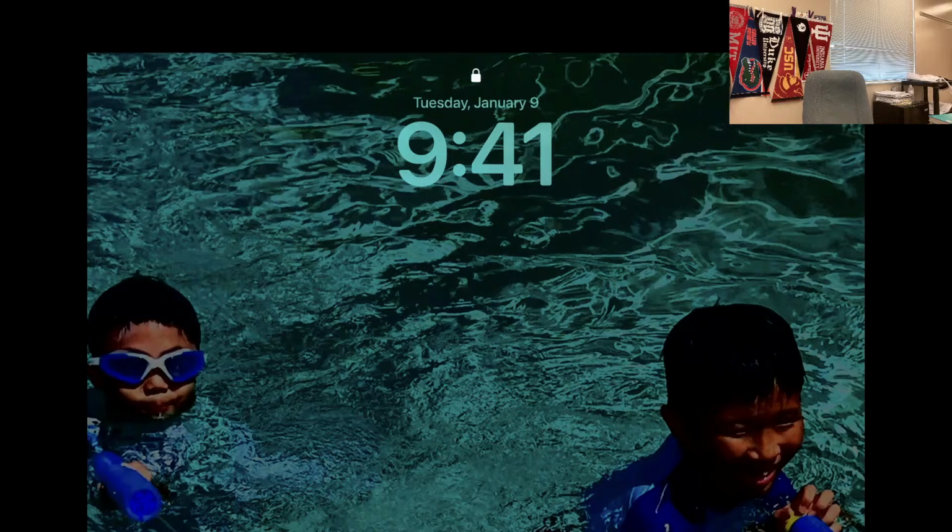The paddle's okay. This looks great. This one's so fancy. Oh, okay, let's play.